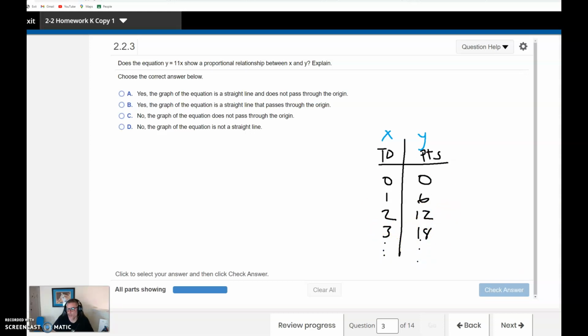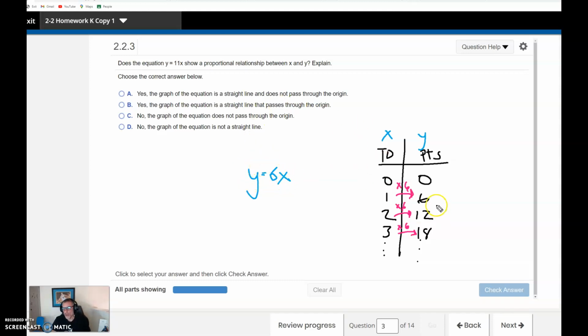So I can actually write an equation here, right? I can say that the number of points, y, remember y is my points, is equal to, well, what's the constant of proportionality here? It's 6, right? I'm always multiplying by 6. So I could write an equation. y is equal to 6 times the number of touchdowns. Whatever x is, multiply it by 6, and that's going to give me my y value.